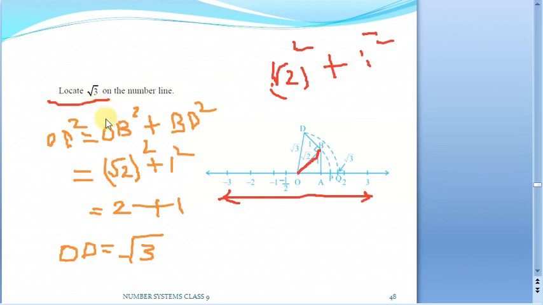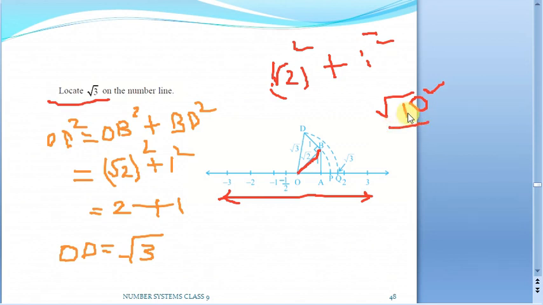So remember, for locating the irrational numbers like root 3, root 5, root 7 and all, we need to look for the combination of numbers. After getting root 2, we know how to locate root 2 here. For that, we just added one, and we got root 3. Suppose you want root 10 on the number line, what will we do? Think it over and see how to locate this particular root 10.